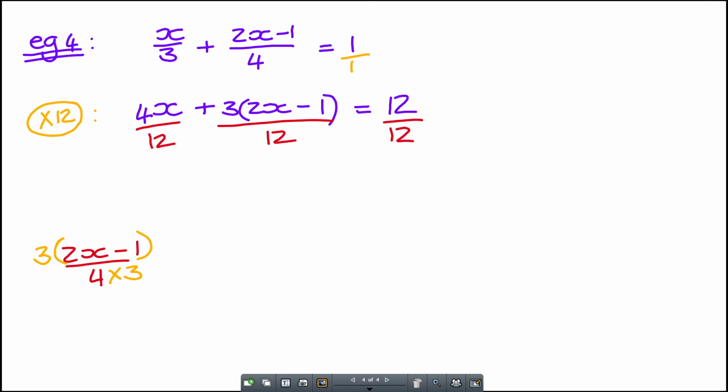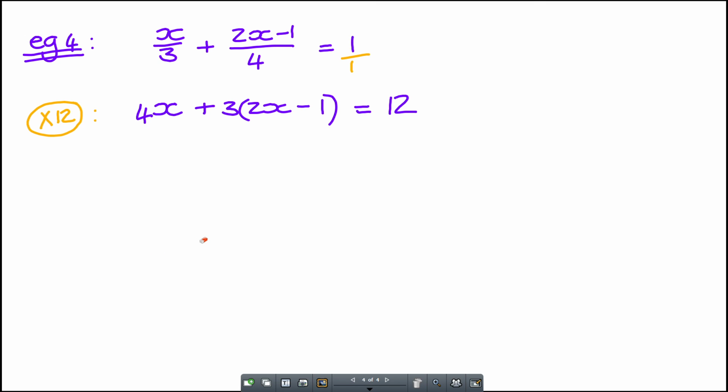Okay. So you could keep it like that, and then in your next step, we just rewrite everything without the bottom parts. So it's going to look like that. All right. Okay, so now it looks like the equations that I previously had.